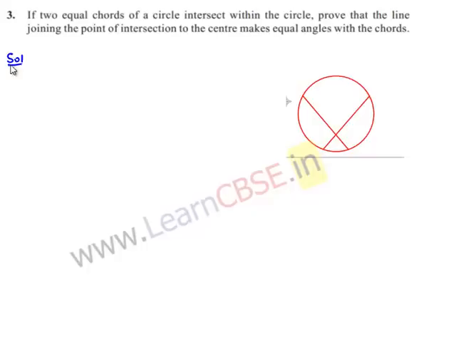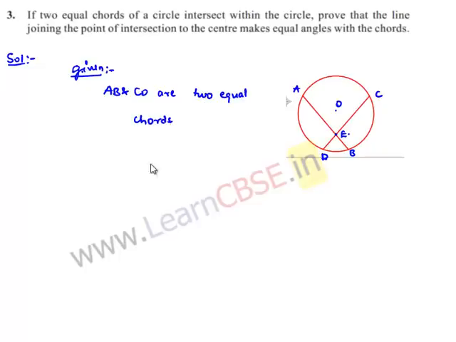So in the solution, we have considered a circle with center O and two equal chords, that is AB and CD, of equal lengths intersecting at point E. Therefore, here it is given that AB and CD are two equal chords, so we can write that AB is equal to CD.